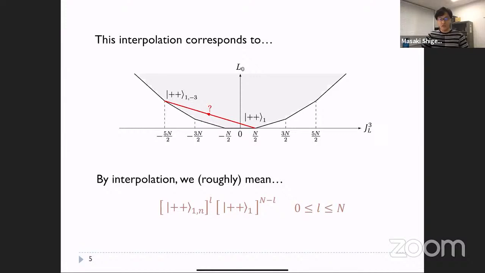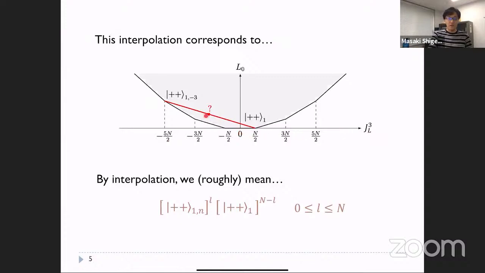And for this interpolation, it's good to look at this diagram in which you plot the states of the theory. So you have L0, which is basically the energy, and this J_L^3, which is one of the R charges or the angular momentum in the bulk.